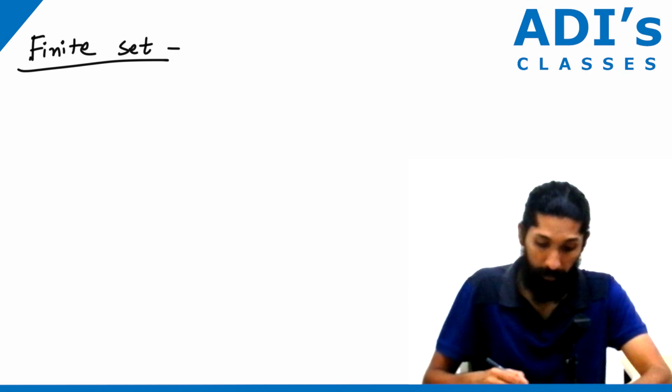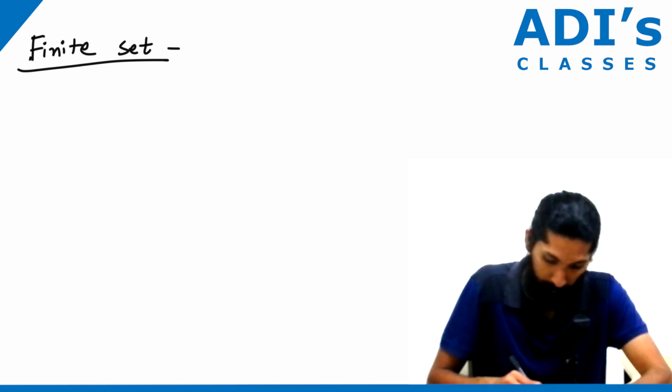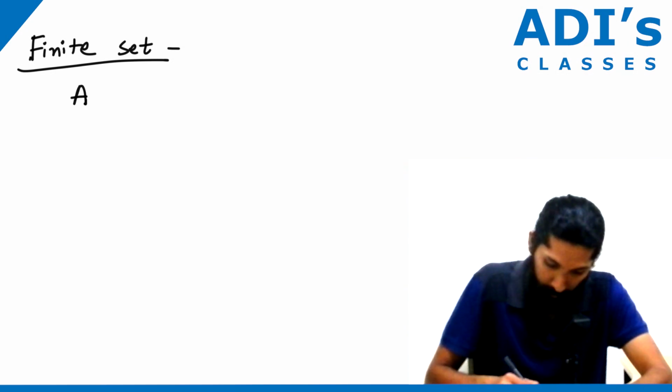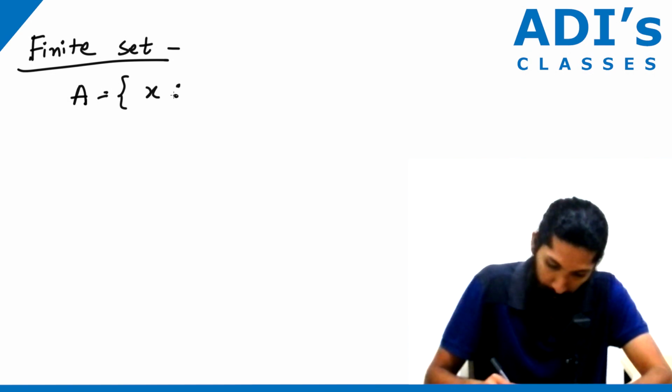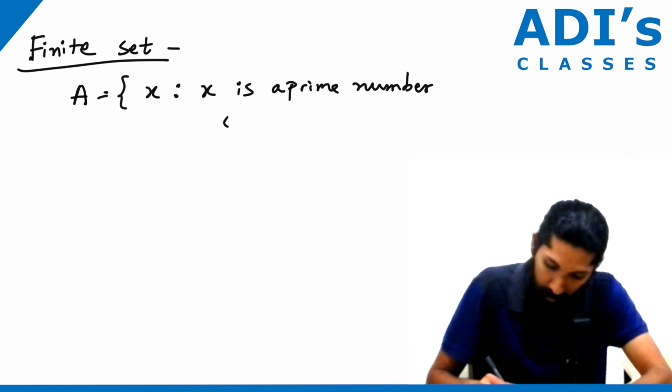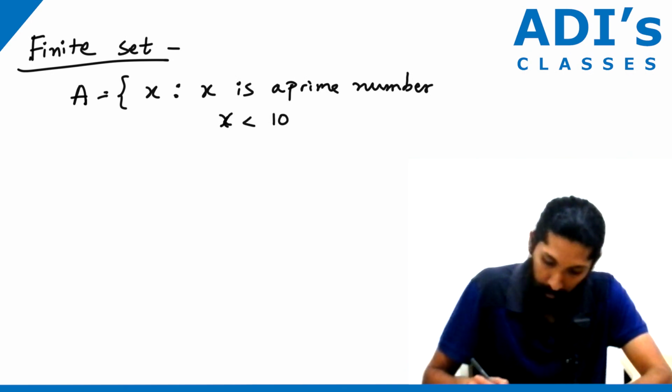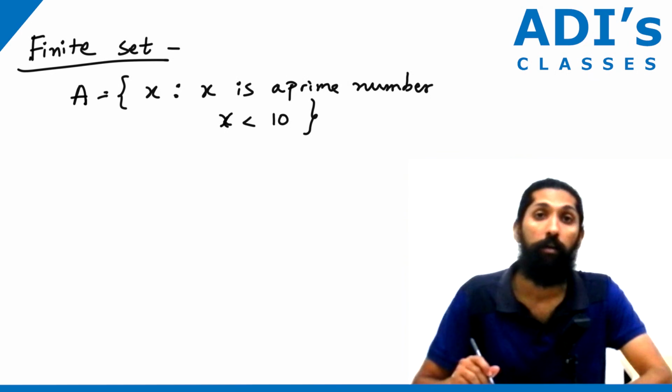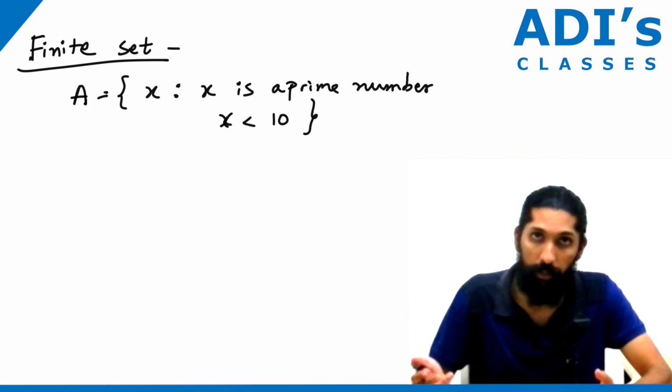Or we can write something like this: A is equal to the set of X such that X is a prime number and X is less than 10. This is an example of a finite set.